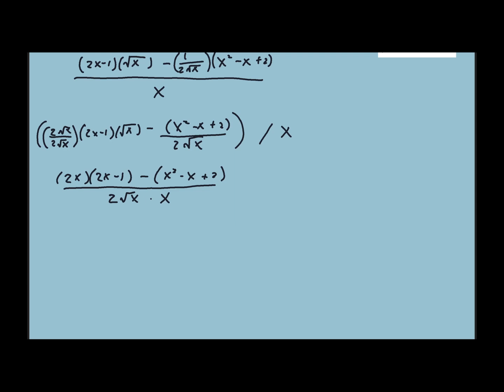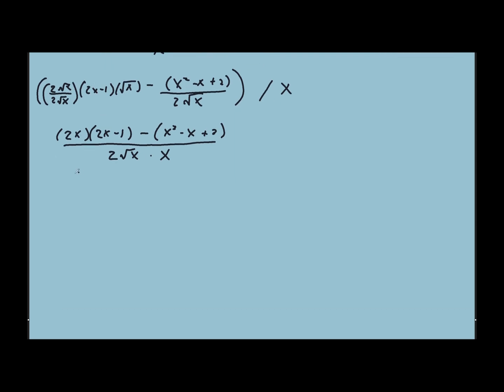Now let's take a look. Well, let's FOIL that out. Maybe we can get something cool here. 4x squared minus 2x minus x squared plus x minus 2 divided by 2x rad x. Let's put these together.